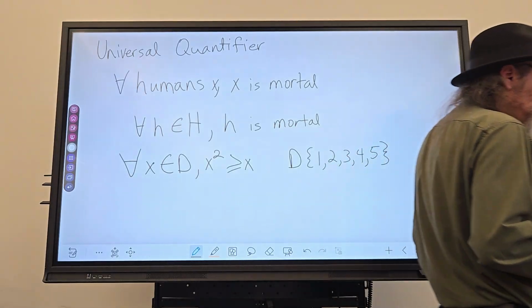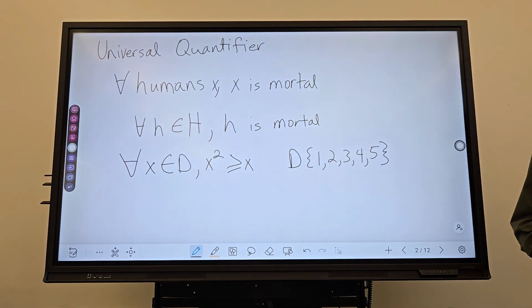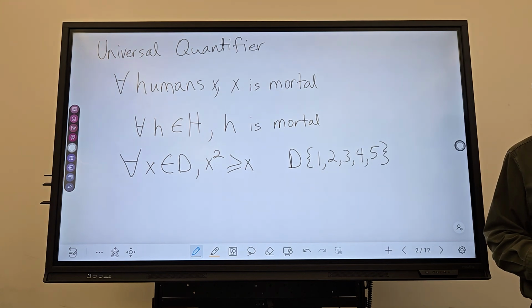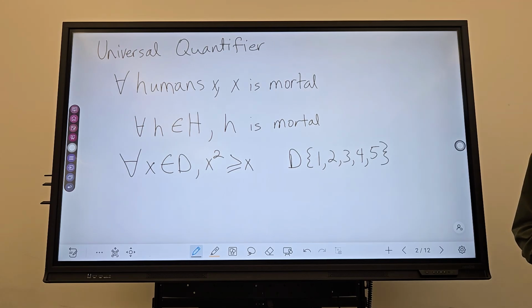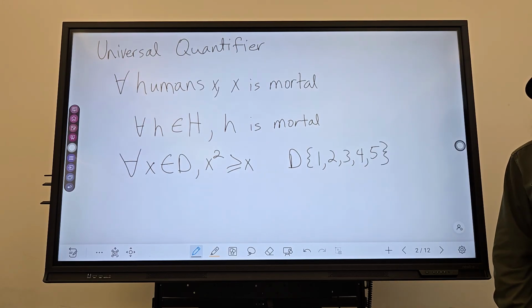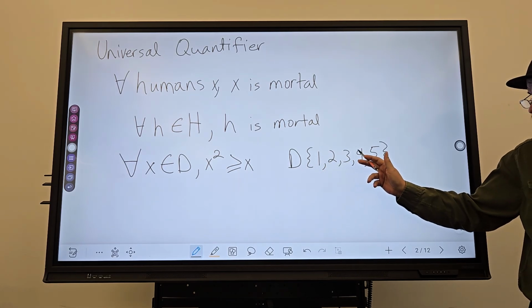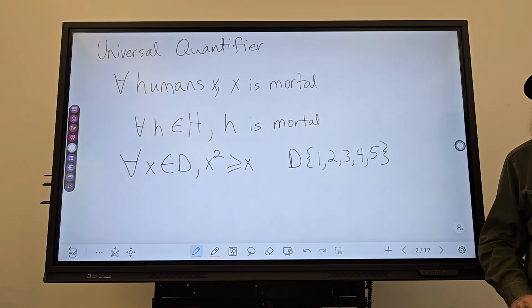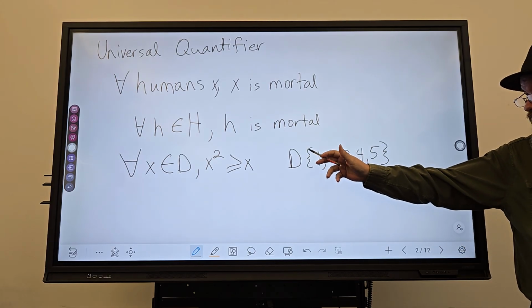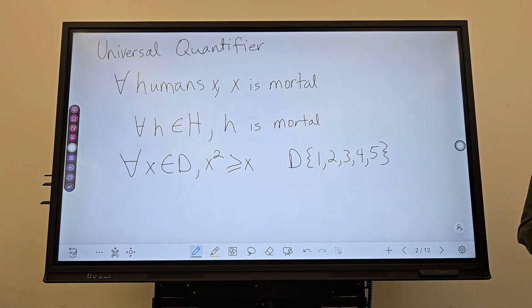Is this statement true? You have to go through all the elements to determine whether it's true, or find one as an example that makes it not true. Yeah, it is true, because the squares are 1, 4, 9, 16, 25. Those are all greater than or equal to 1, 2, 3, 4, or 5.